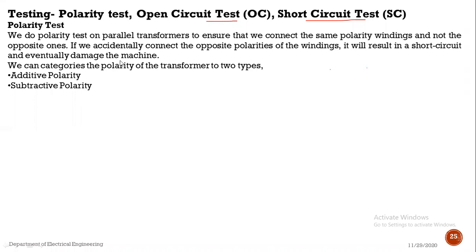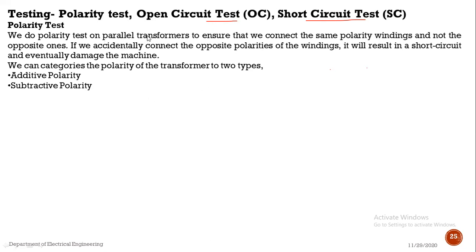Now the polarity test. While we want to connect two or more than two transformers in parallel, we want to check the polarity first. That means if the reverse polarity is connected, there is a problem to operate two transformers in parallel. So we do the polarity test on the parallel transformer to ensure that we connect the same polarity winding and not the opposite one.